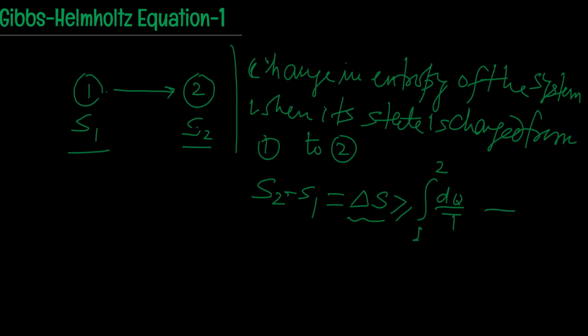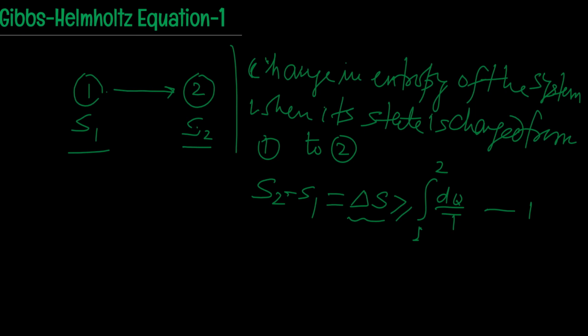Let us look at this equation seriously. In this equation, the sign of equality appears when the process is reversible, and the sign of inequality appears when the process is irreversible. For your convenience, I write it as two equations.